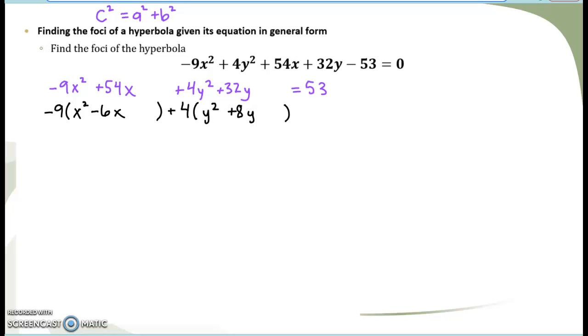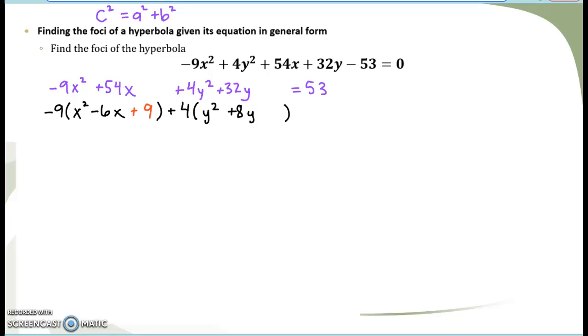And then I have to ask, what do I need to add right here in order to complete this square? Well, that's negative b over 2a squared, which ends up being 9 here. Again, I go through this more in depth in previous videos, but for the purposes of this video, we're going to do that quickly.